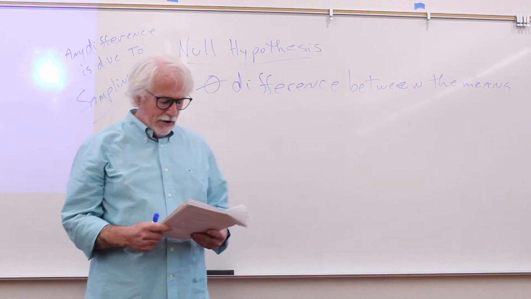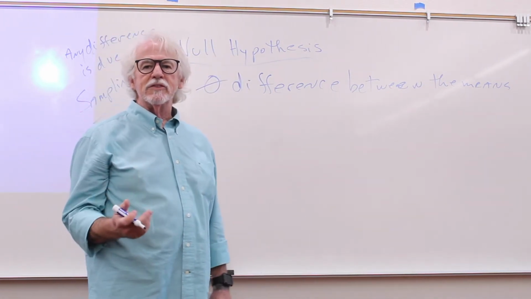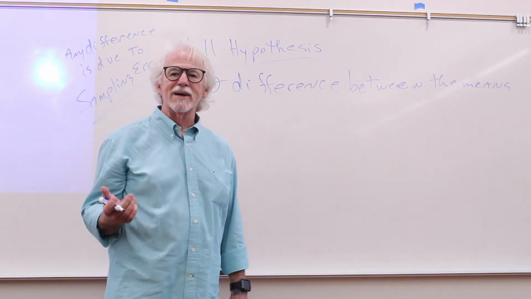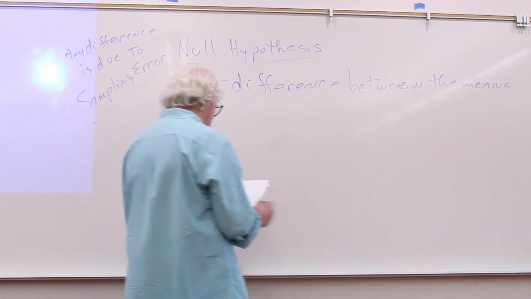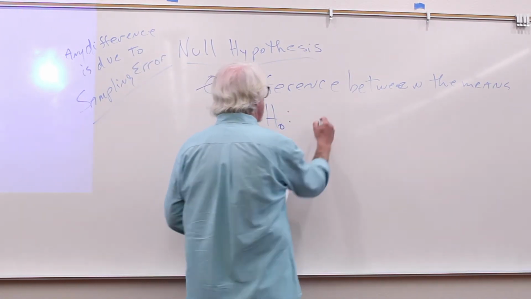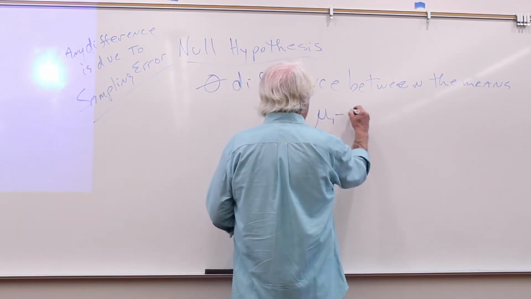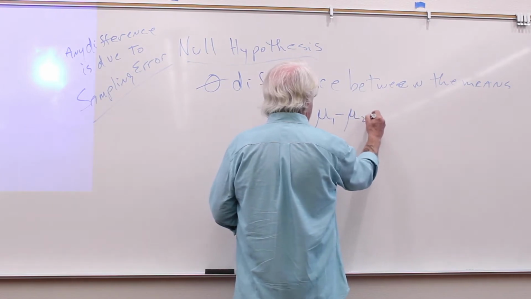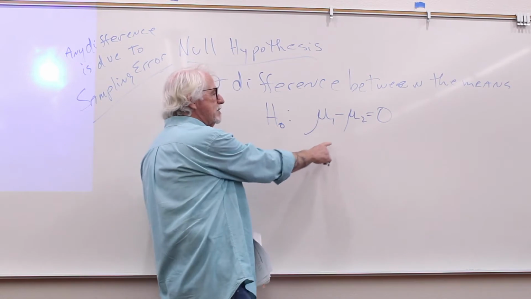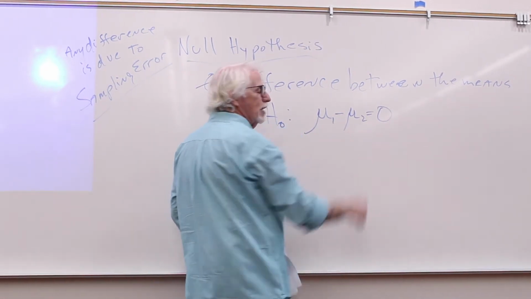All right? So, there's no real mathematical formula, but this is how we would state the null hypothesis using mathematical type language, right? But it's not a formula. So the null hypothesis states the difference between mean 1 and mean 2 is 0.